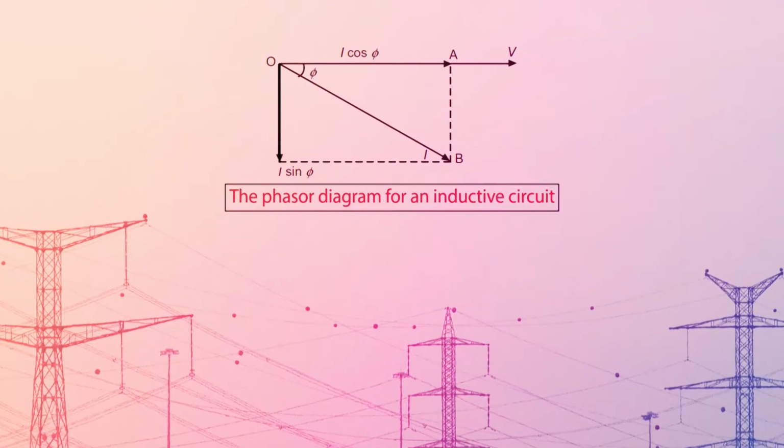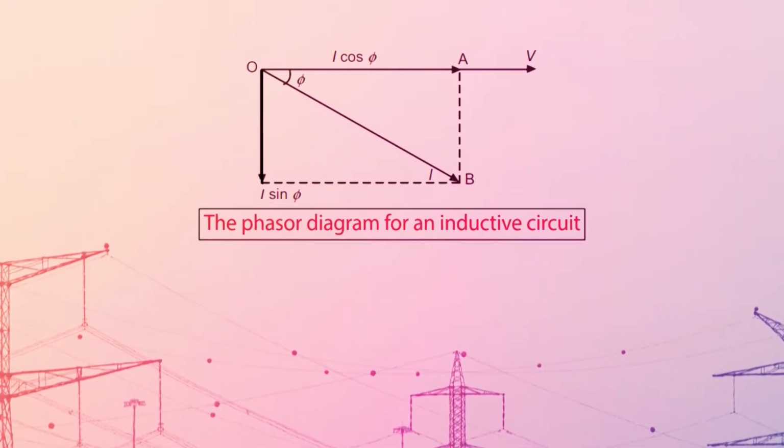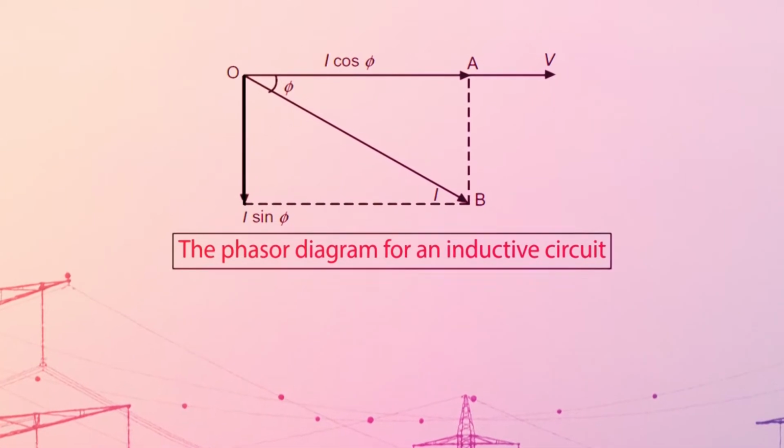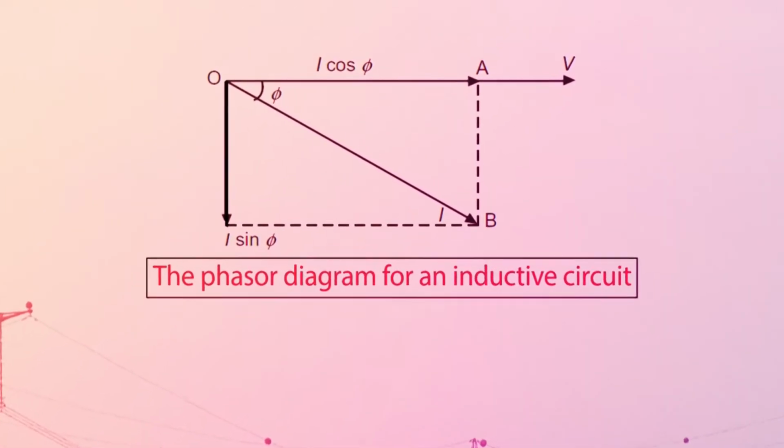Here you can see the phasor diagram for an inductive circuit. The reference quantity is the voltage V, and the current I is lagging with respect to the voltage by an angle phi in an RL series circuit. Now you take the two components: the current can be resolved into a horizontal component and a vertical component.